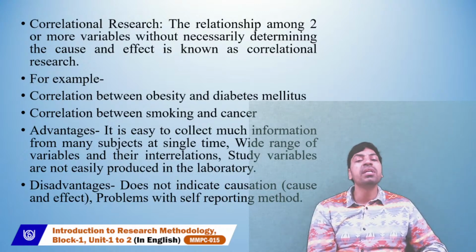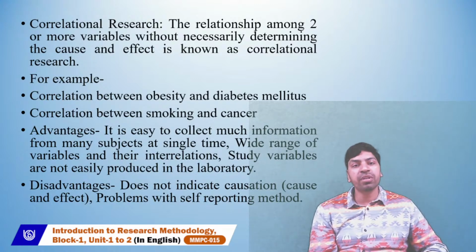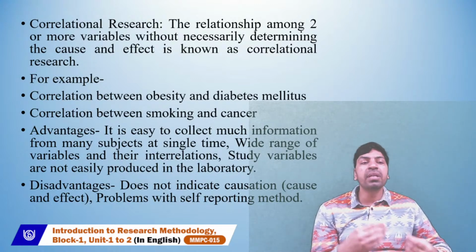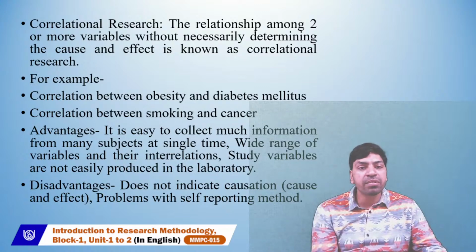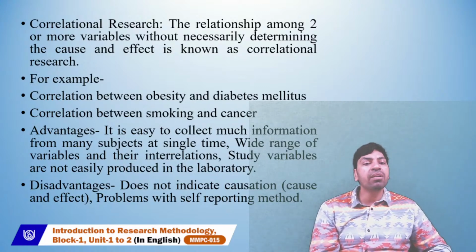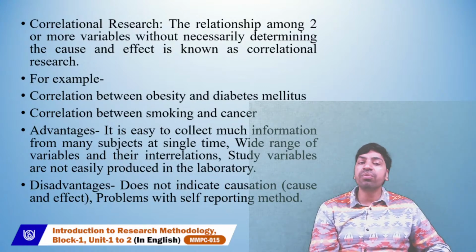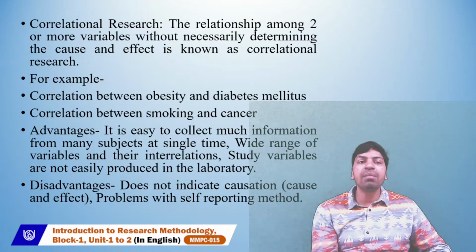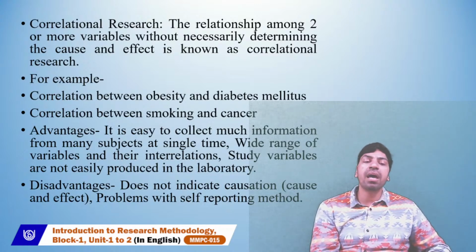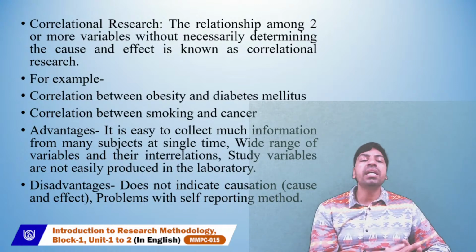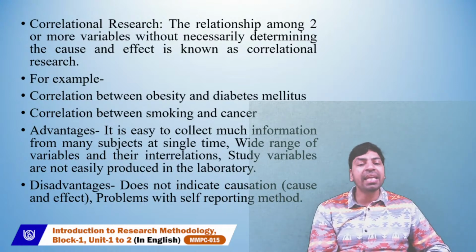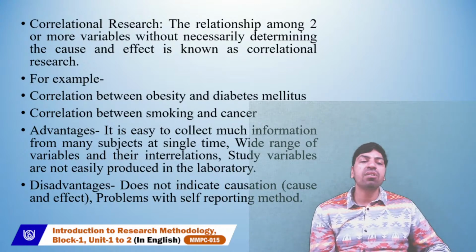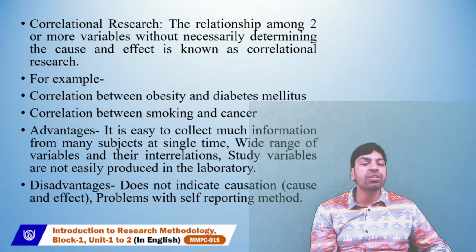It also helps to study variables which are not easily produced in the laboratory, for example resources which are not available in a particular lab. Through this research, we can also study variables which are not applicable or not useful to study in laboratories. Disadvantages. It does not indicate causation. That means it does not indicate any cause and effect relationships.